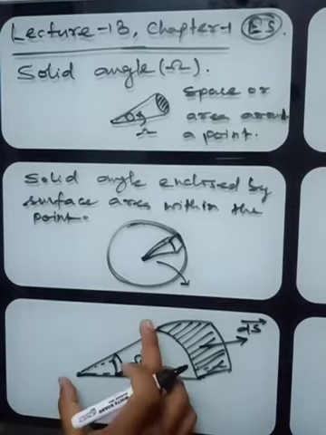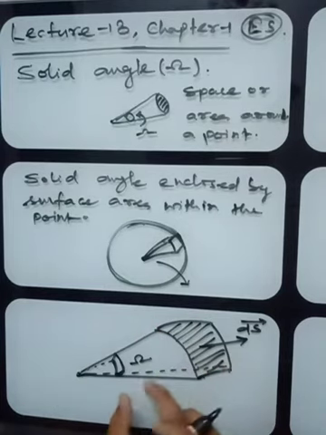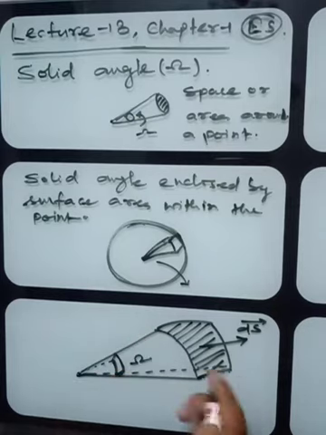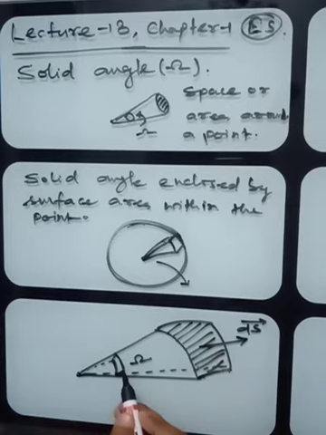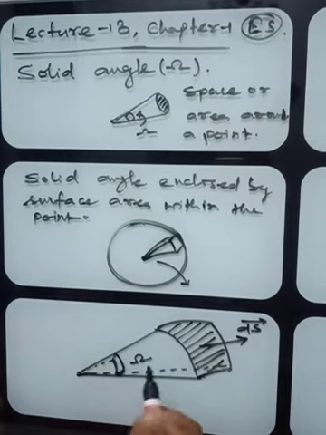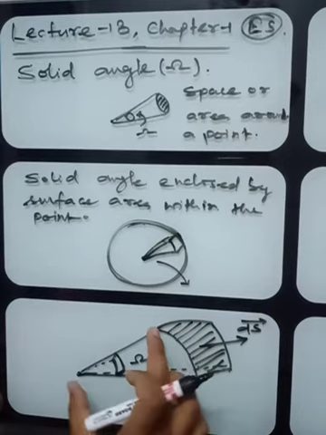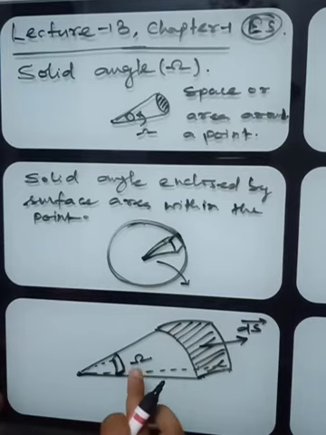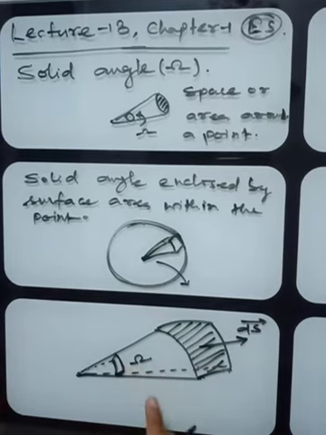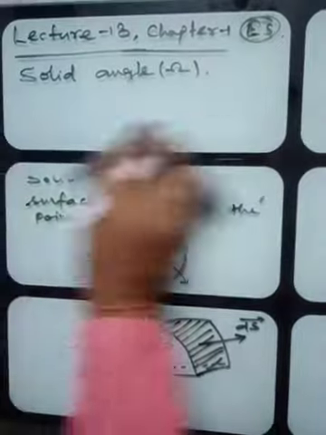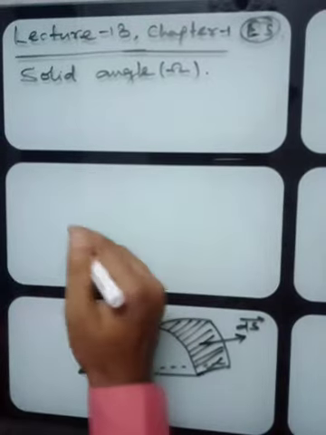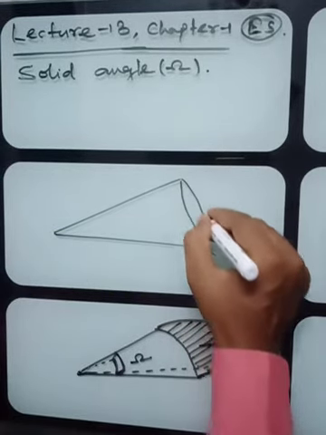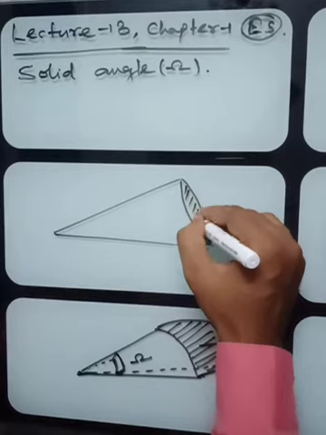At a specific length, this area matters, how much the area or space will be. Otherwise, if you change this length, the area might change for the same solid angle. For example, if we draw from the sphere, this is your surface area.